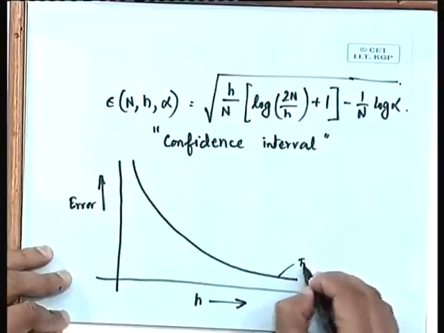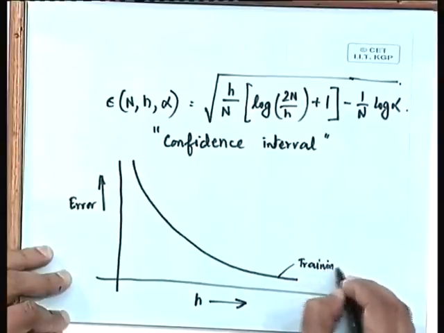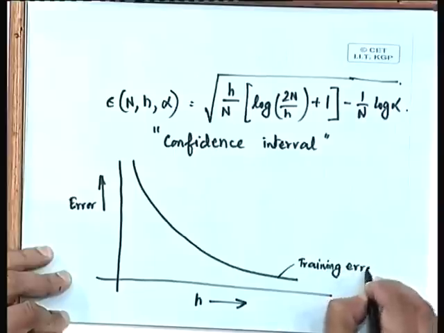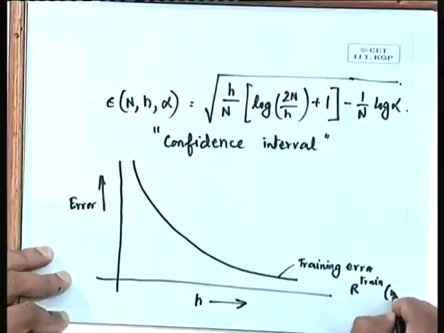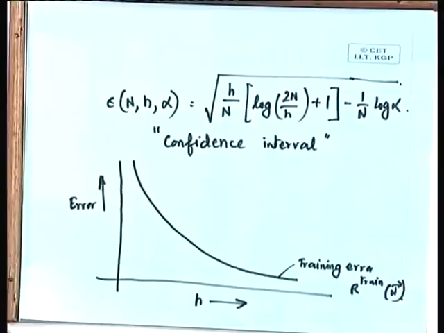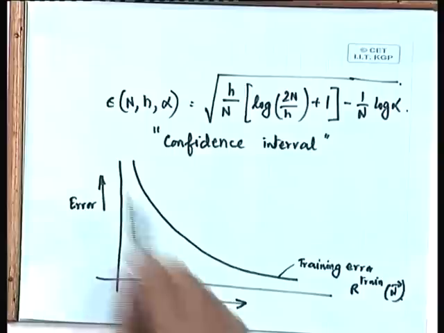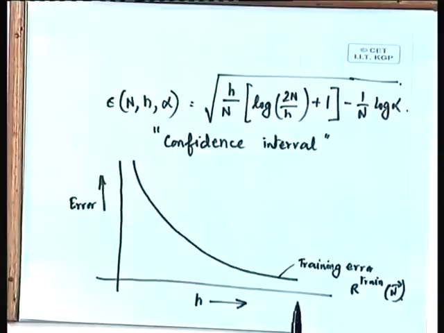So this is the training error, or the R train expression, as a function of h. Now this is the dependence of the training error on h.